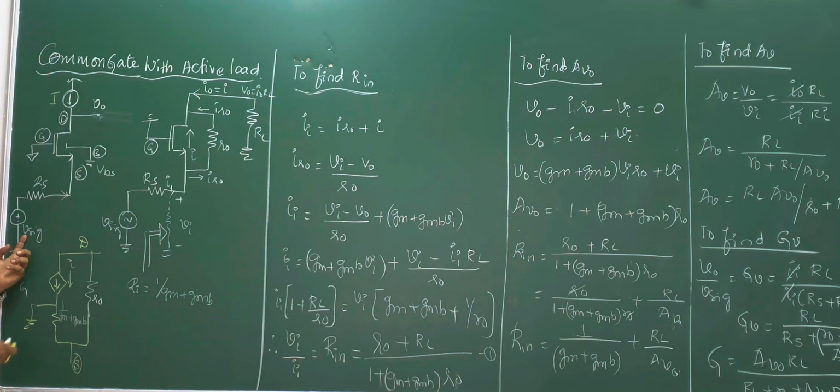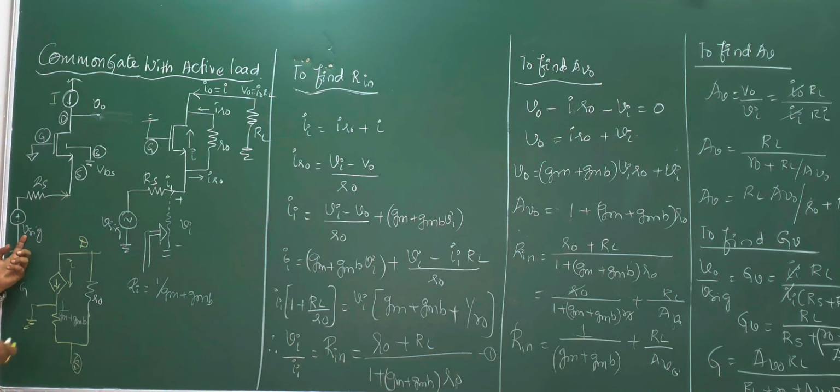When you simplify, the final expression would be VI by II. VI by II is nothing but Rn. Rn is equal to (R0 plus RL) divided by 1 plus (Gm plus Gmb) into R0. Now observe the expression over here, R0 plus RL is formed.